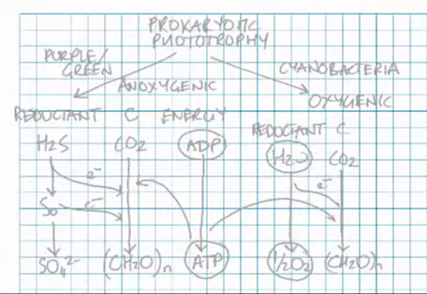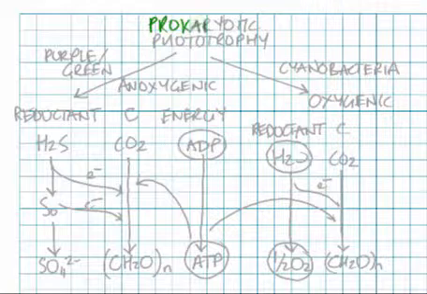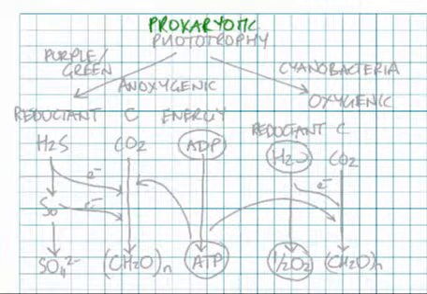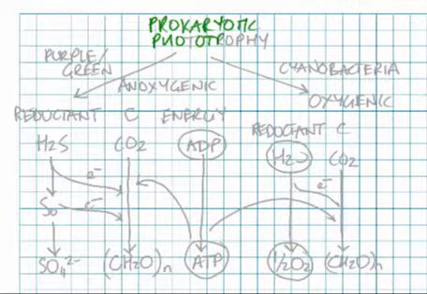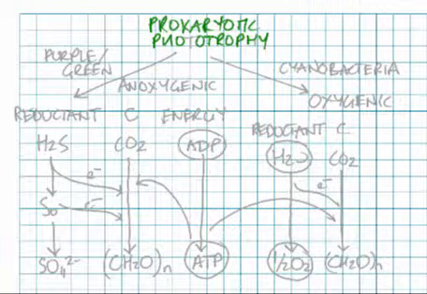Okay, I'd like to give you a quick overview of prokaryotic photosynthesis, and so we're going to just call this prokaryotic phototrophy. Okay, we're going to split this into two categories.